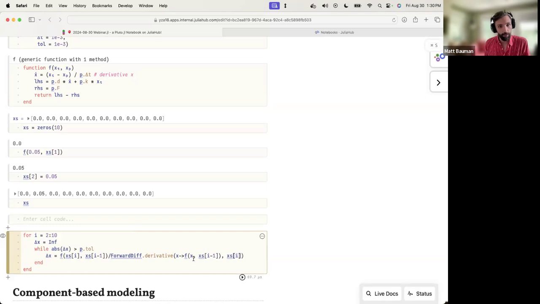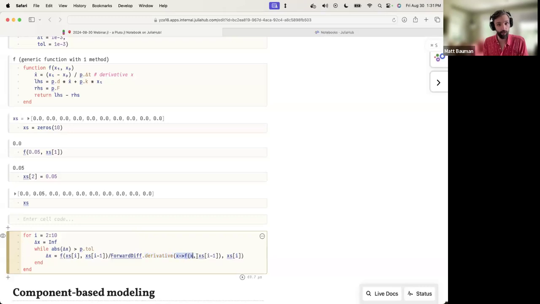So this is a little bit funny, and this is a complicated line of code here. But what's happening is I'm saying I don't want to pass both my previous time step and my current time step into derivative, because I want to take my derivative with respect to the time point that I'm optimizing, right? And so this is a little bit tricky.